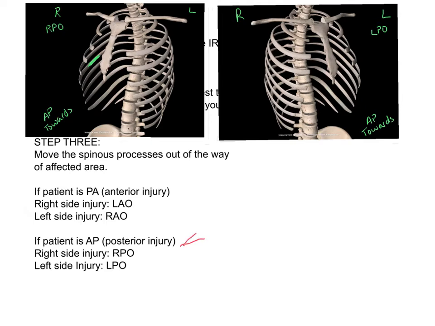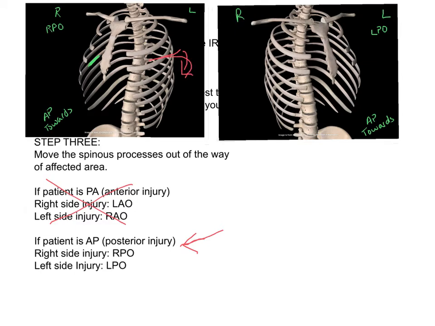Which means if we have posterior injuries, because we just did anterior, we're done with those. We have posterior injuries. We want to elongate that side of interest. Then we're looking at the right side. Start with the right side. We're going to move our spinous processes again away from the site of injury.